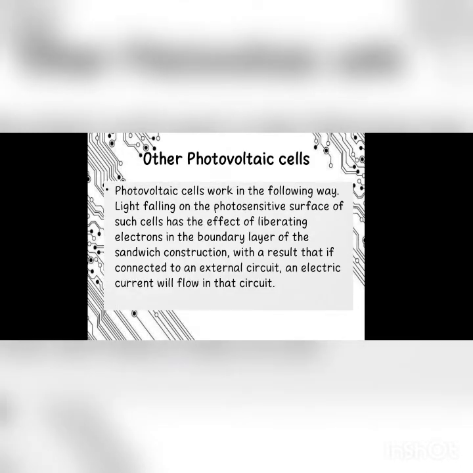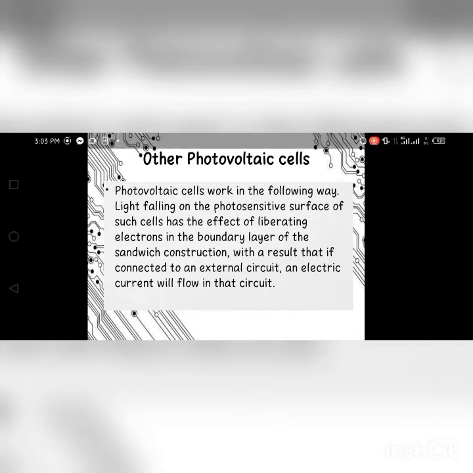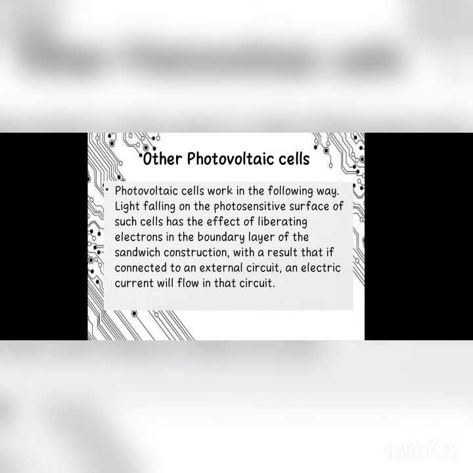Other photovoltaic cells work in the following way. Light falling on the photosensitive surface of such cells has the effect of liberating electrons in the boundary layer of the sandwich construction, with the result that if connected to an external circuit, an electric current will flow in that circuit.